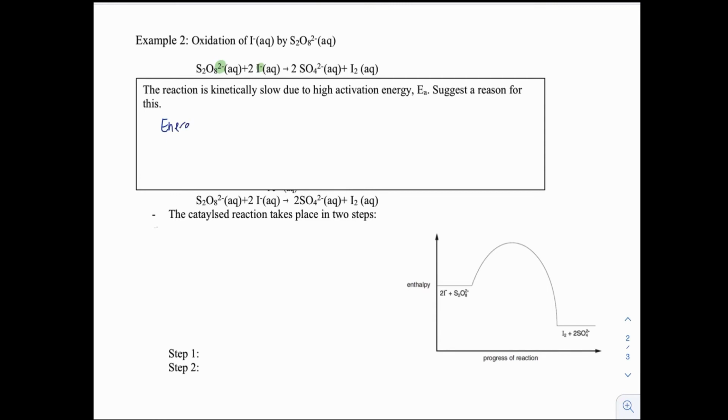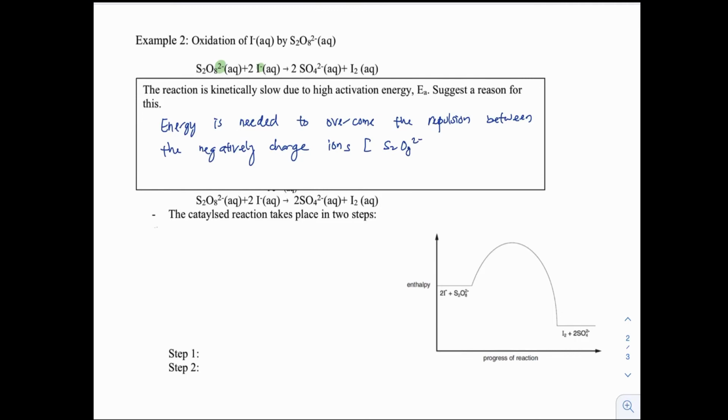The energy is needed to overcome the repulsion between the negatively charged ions, which is the S2O8 2- and the iodide ions.